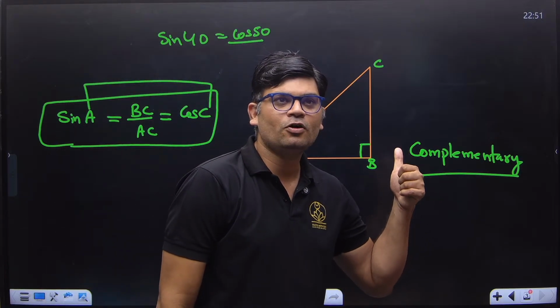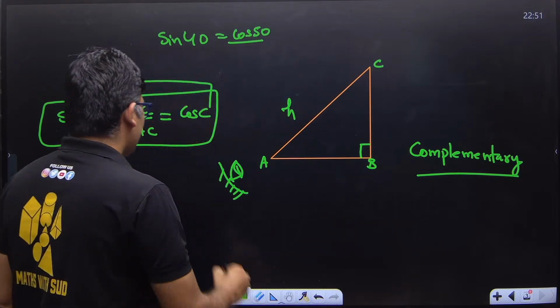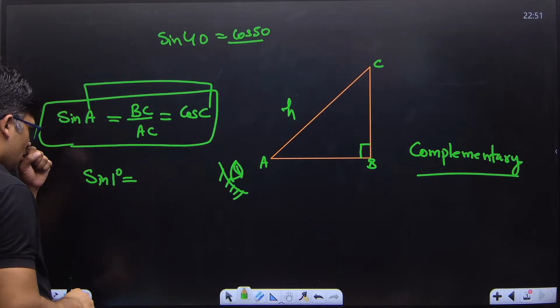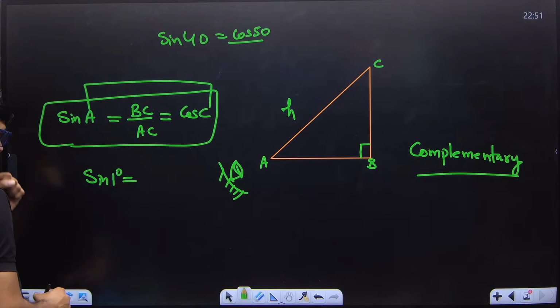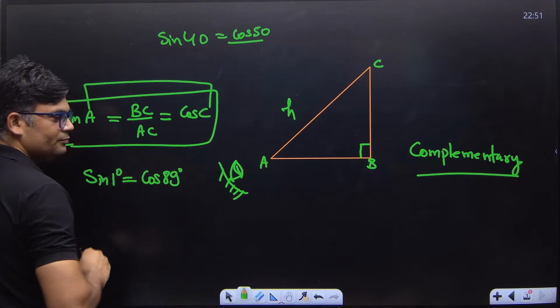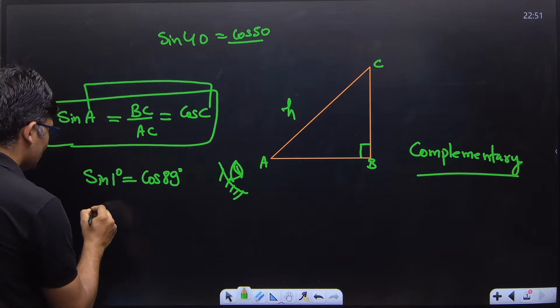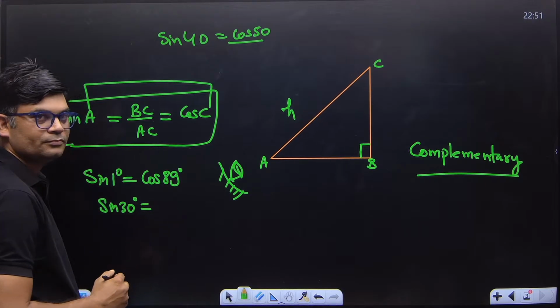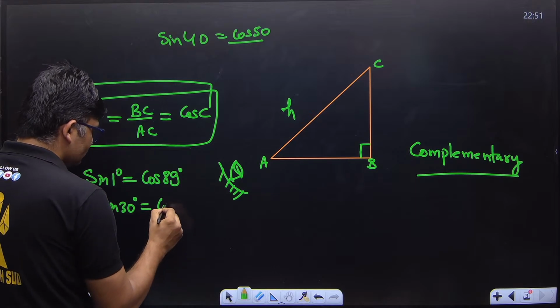Have you learned this before? No. Okay. Can you tell me what is sine 1 equal to? Sine 1 is equal to cos 89. Yeah, you have to be quick. What is sine 30 degrees equal to? Cos 60.